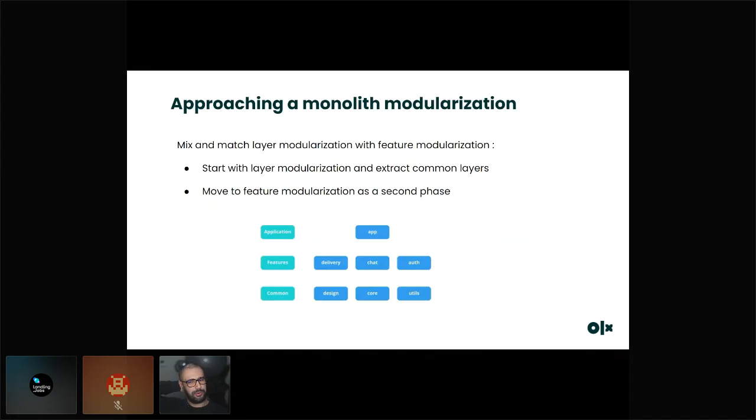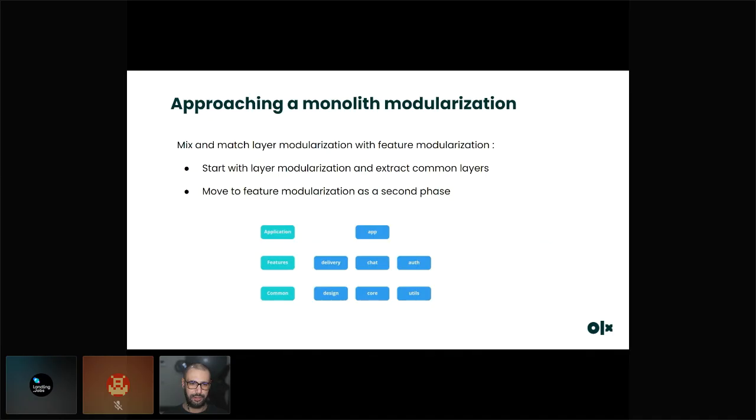So how do we approach a monolith modularization? If you have a monolithic project, how can you start breaking it down into multiple modules? Like I said, we have the layer module and the feature module. What should we do? In our case, in OLX, we did a mix and match of layer modularization. We started extracting the common layers.